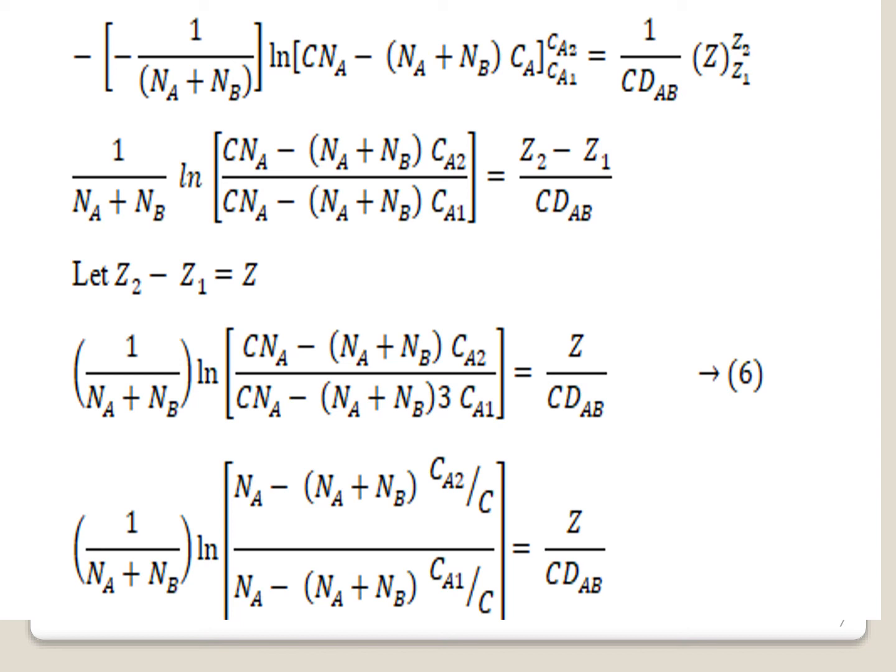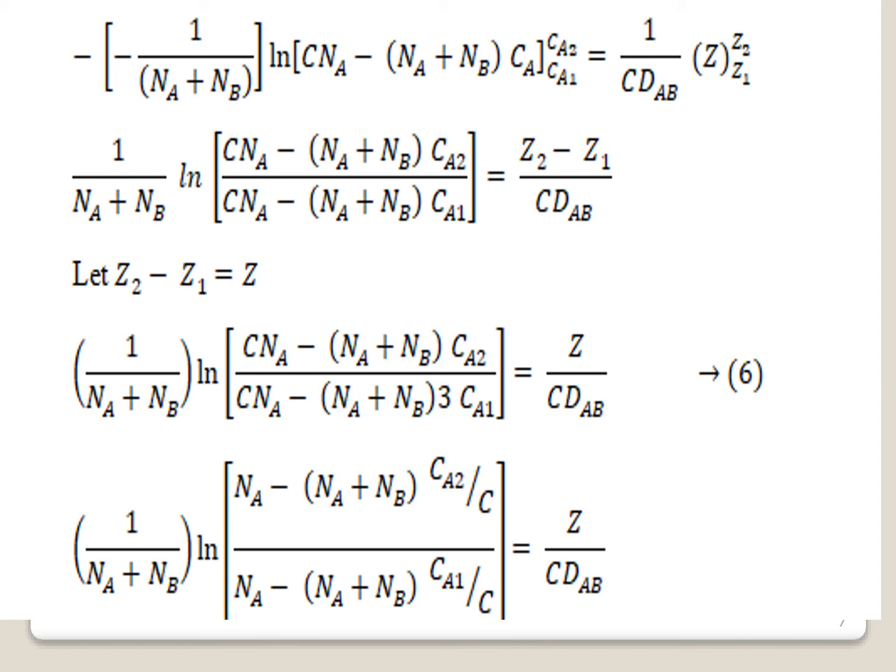The upper limit is ln of (C·NA minus (NA plus NB) Ca2), minus the lower limit ln of (C·NA minus (NA plus NB) into Ca1). Log a minus log b is log a by b, so ln of (C·NA minus (NA plus NB) Ca2) divided by (C·NA minus (NA plus NB) Ca1).